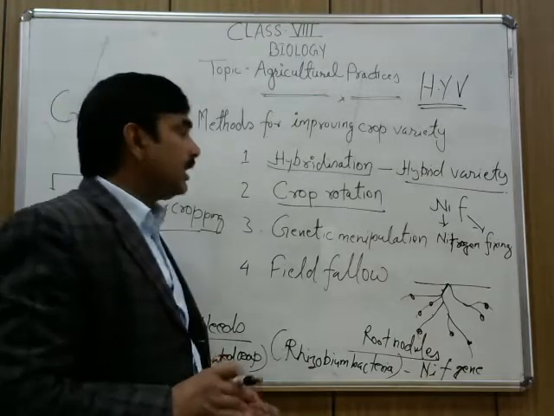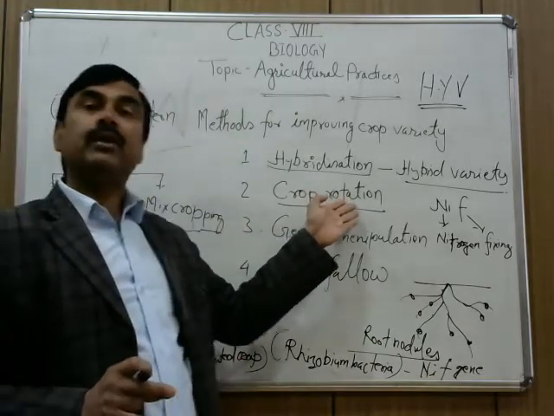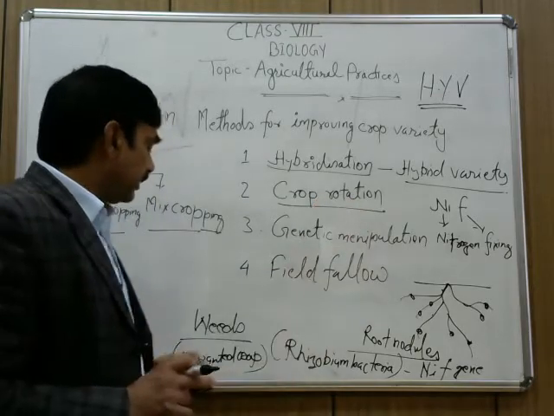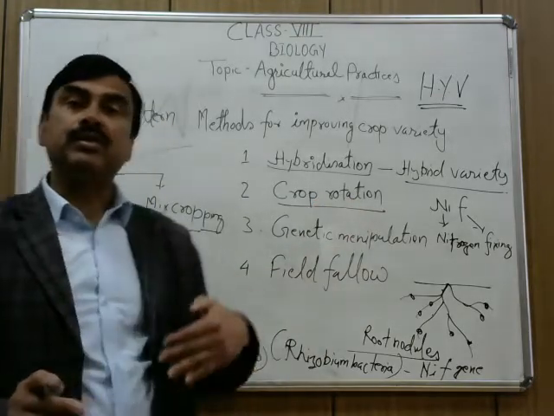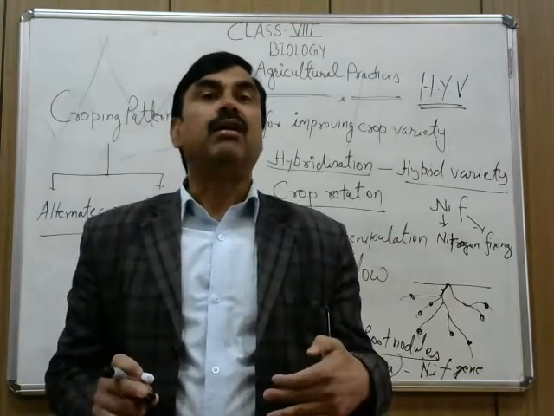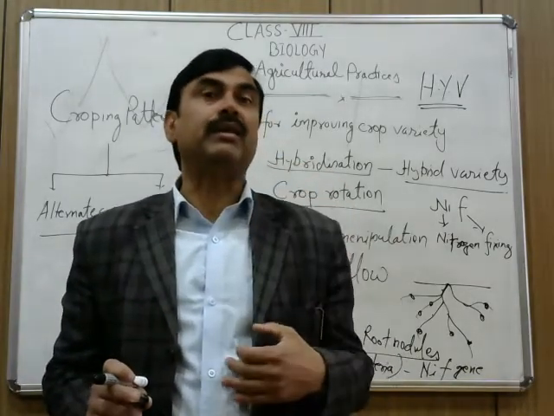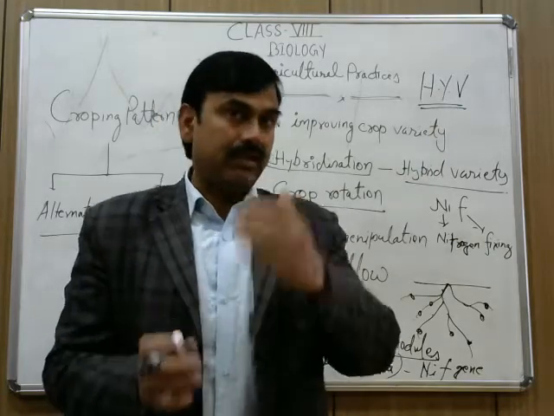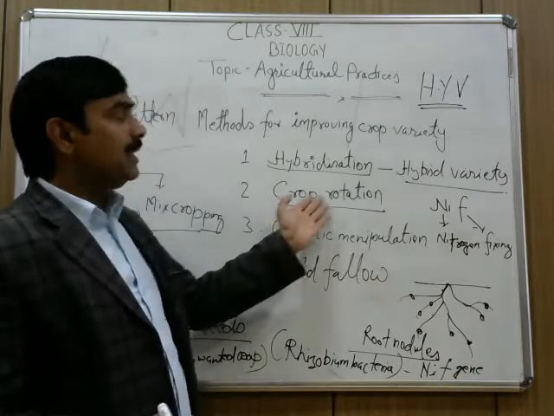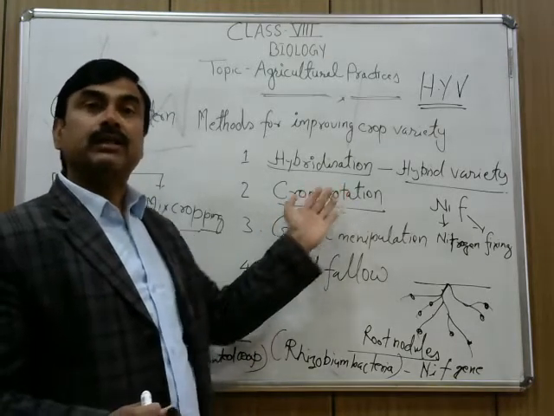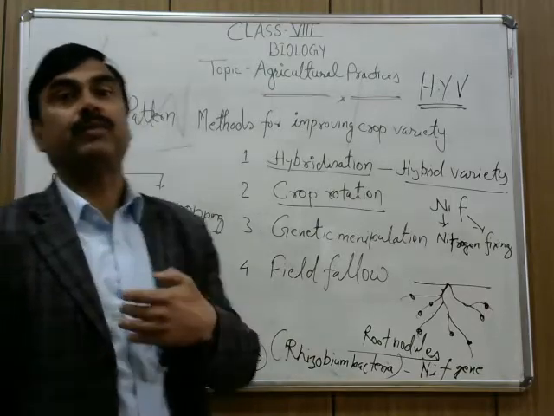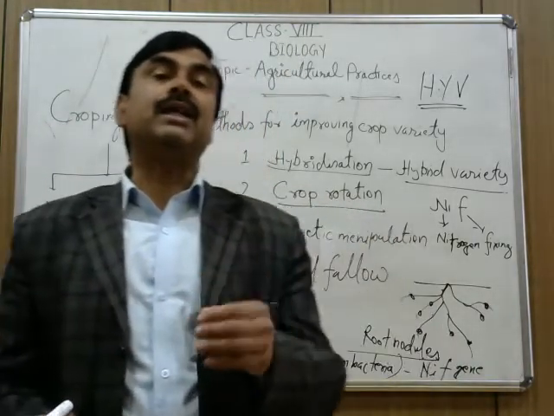So these unwanted crops will automatically stop the next year when we adopt crop rotation. You know that for controlling weeds we must use weedicide, fungicide, insecticide, or manual methods, but by adopting crop rotation the growth of weeds is stopped automatically. How?